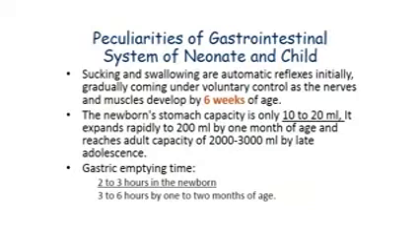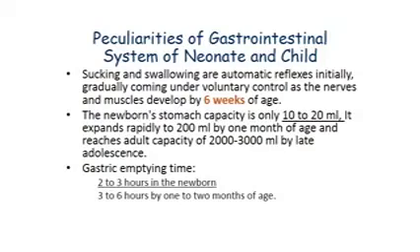There are some peculiarities affecting the gastrointestinal system of the neonate and the child. We mean by peculiarities some differences from the adult gastrointestinal system, or something that is specially seen during the neonatal and early childhood period. One of them is that sucking and swallowing are automatic reflexes.